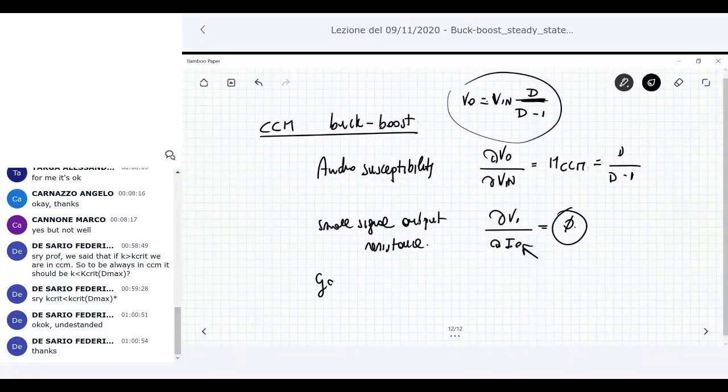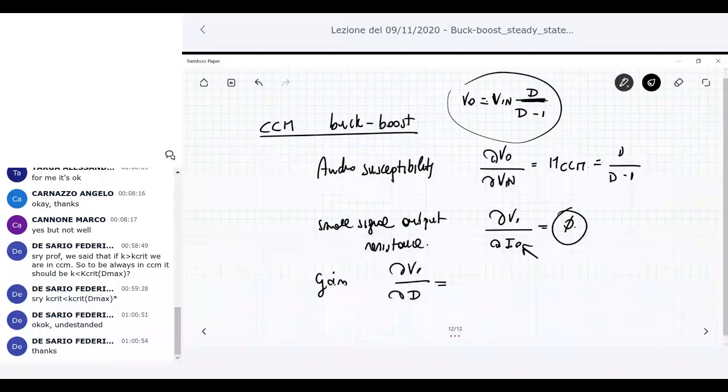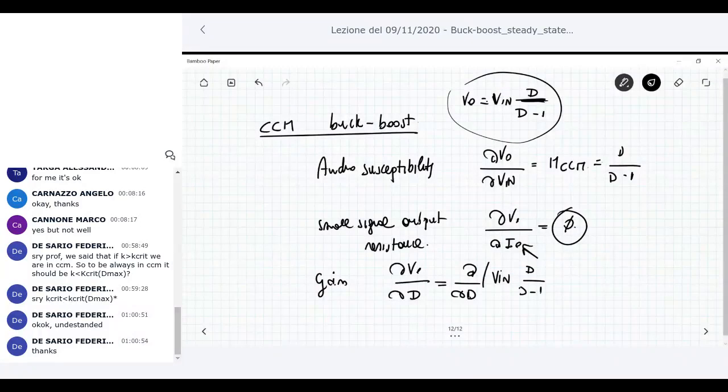Then you can have the gain. The gain is defined as the variation of the output voltage in terms of the small signal variation of the control quantity, which is the duty cycle. So you have to take the derivative with respect to the duty cycle of V in times D divided by D minus 1.